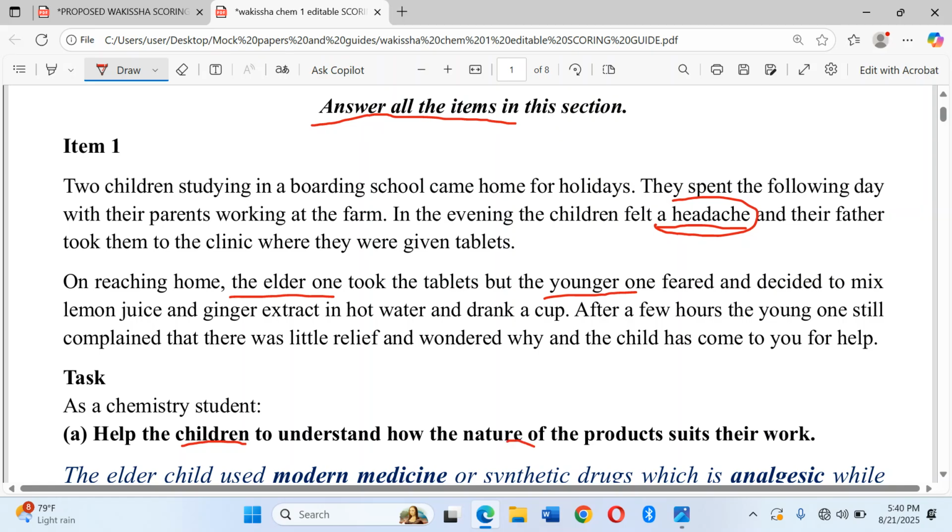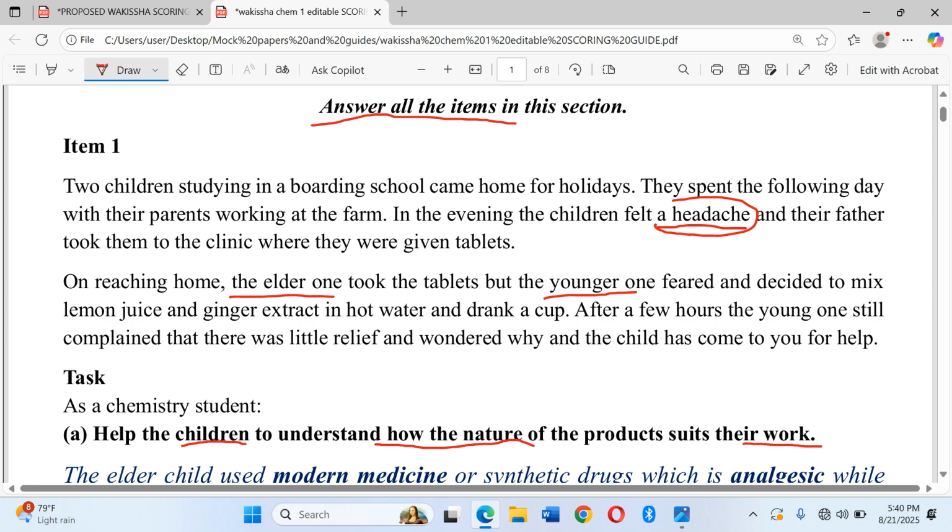We need to understand what these products that these two people used are. Which products did they use? Which means, in simple terms, we want to help this learner understand the category of the medicine they used, but also how they do their work, how they function.